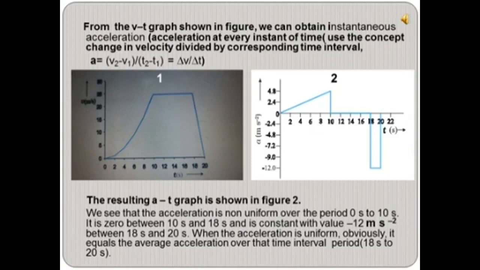And it is constant with value of minus 12 meter per second square between 18 seconds and 20 seconds. When the acceleration is uniform, obviously it equals the average acceleration over that time interval, 18 seconds to 20 seconds.